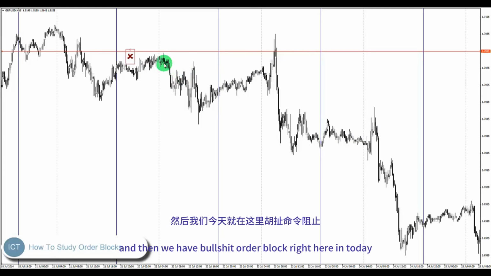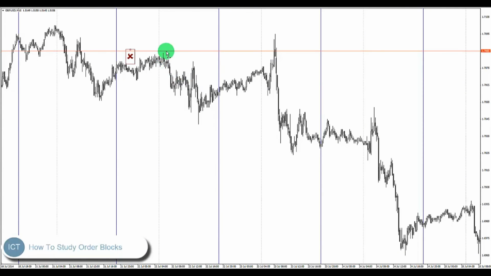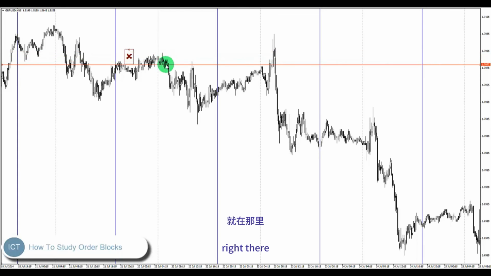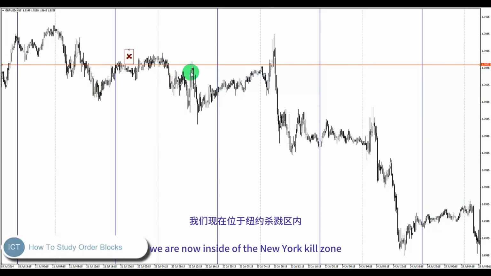And then we have a bullish order block right here, intraday, right there. We are now inside of the New York kill zone.